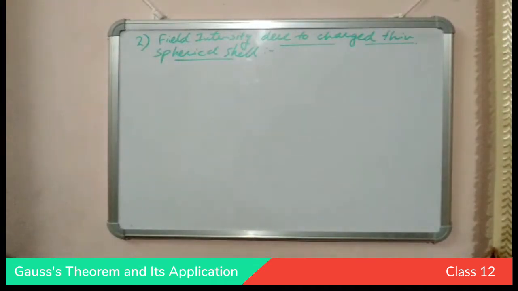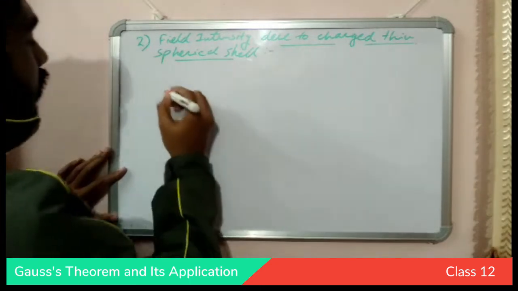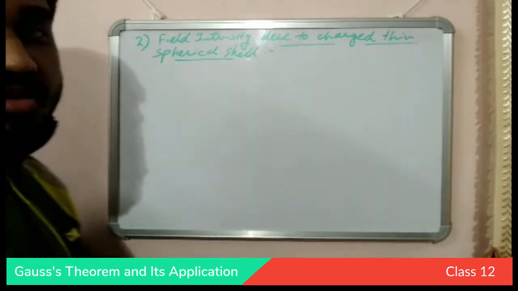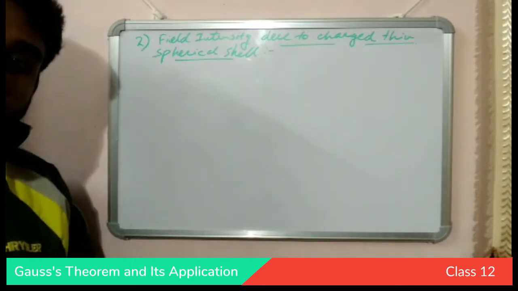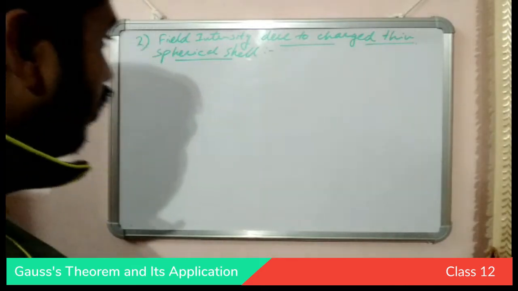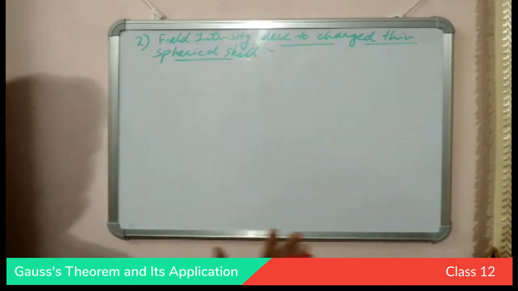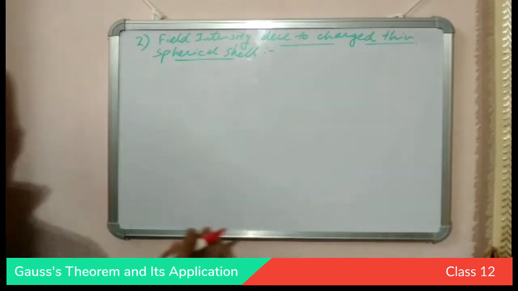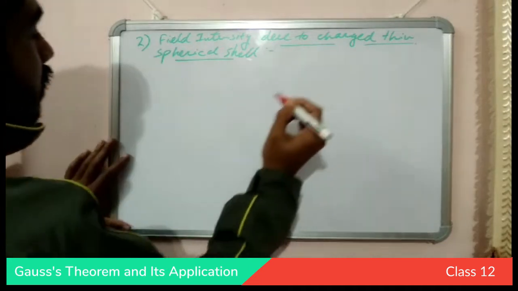So in this case, at first we are going to calculate the electric field intensity at some point due to the spherical shell if the test point is outside of our shell.